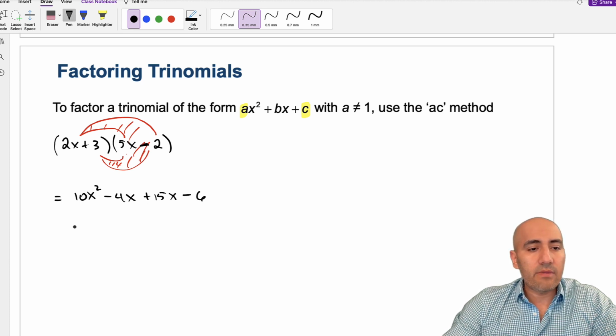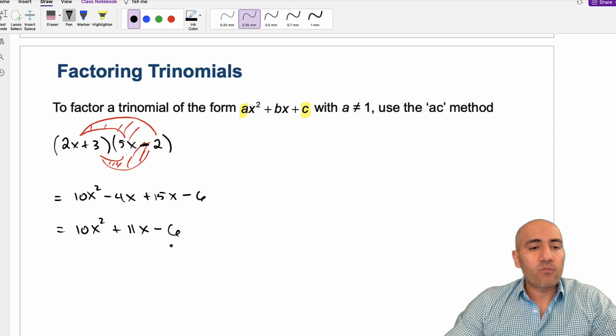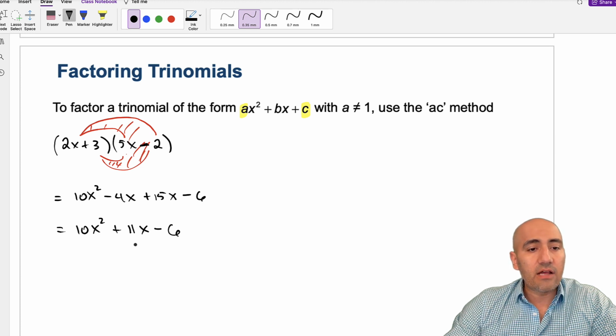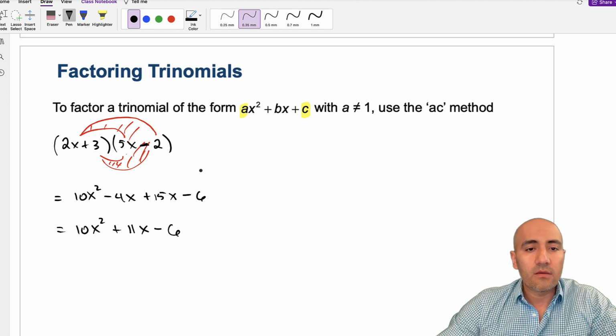And then we combine the middle two terms to give us 10x squared plus 11x minus 6. Okay, not a difficult multiplication question, but now if we're asked to go backwards here, factor this guy, that can be a little challenging. So let's figure out how to undo this process to get back to this using the AC method, right?